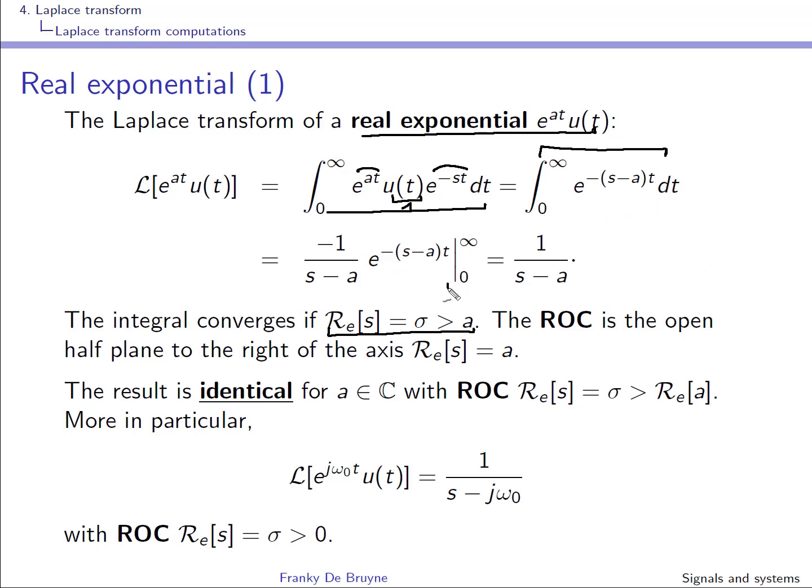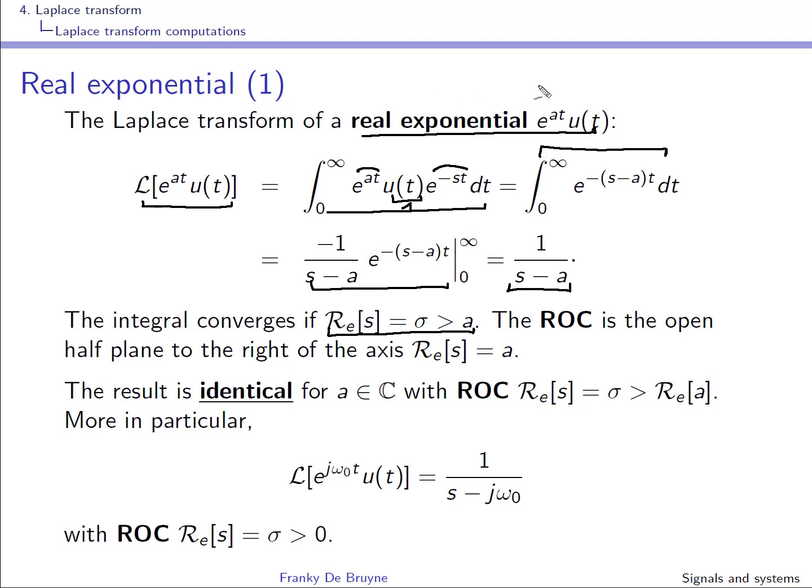This is what we got, and the integration limits are 0, infinity. This one is not going to contribute, so we'll have 0 minus 1 over s minus a. So this is the Laplace transform of a real exponential function, and we knew that the region of convergence is sigma larger than a.